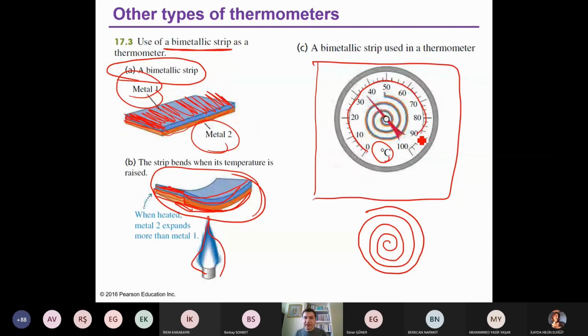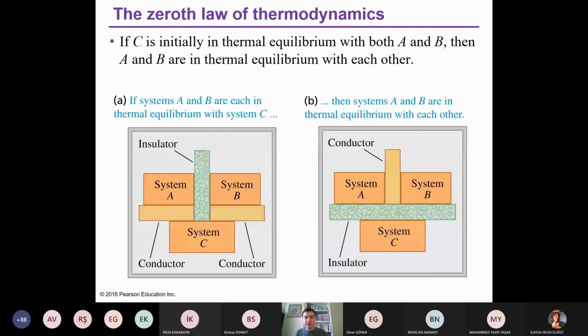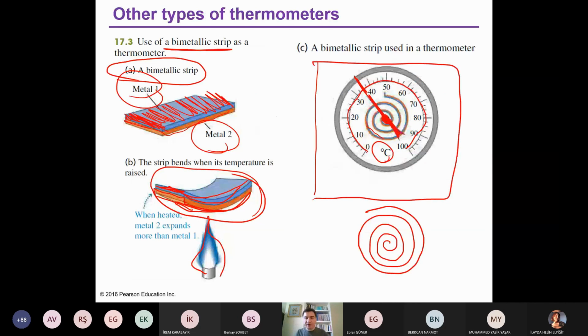And here we have a pointer, and this pointer is attached to a spring made from a bimetallic strip. As a function of temperature, due to the thermal expansion, the shape of the spring changes, and then you can measure the temperature by using this bimetallic strip. This is another type of thermometer, and with this one, I finished the types of thermometers.